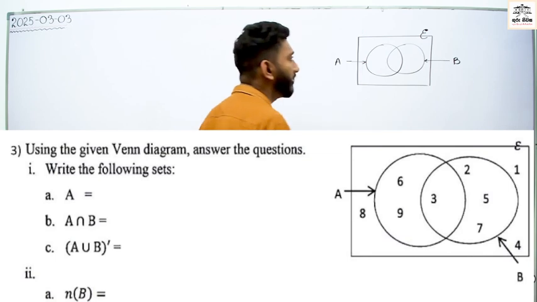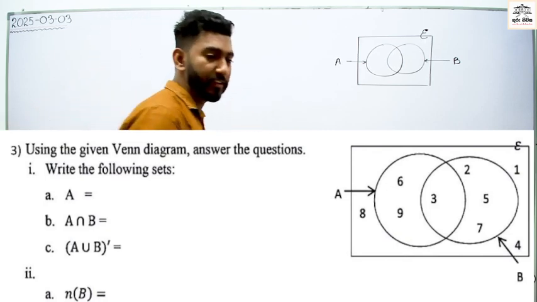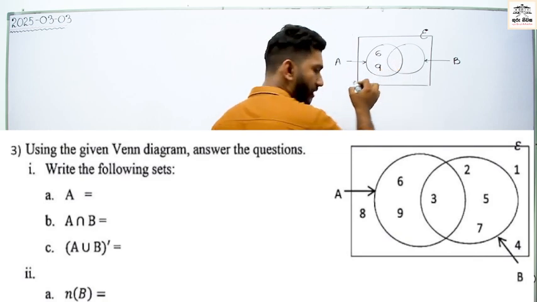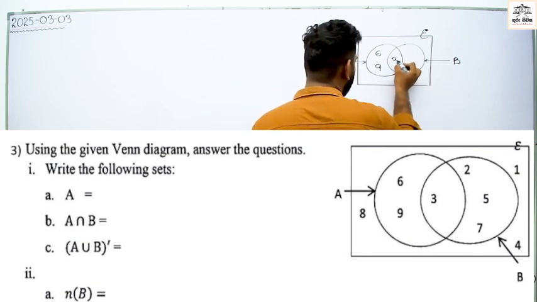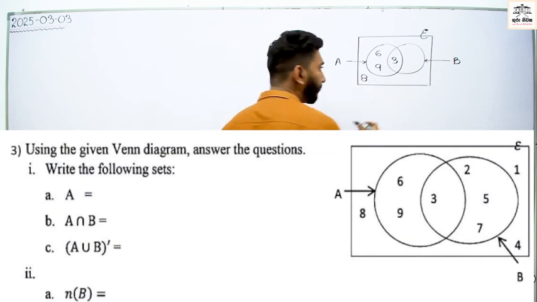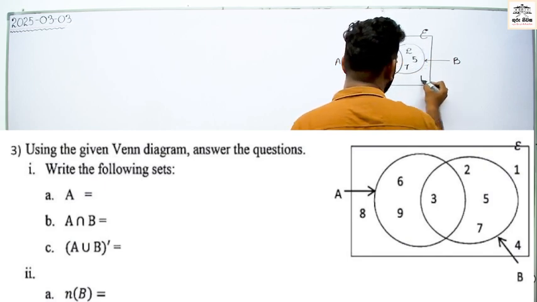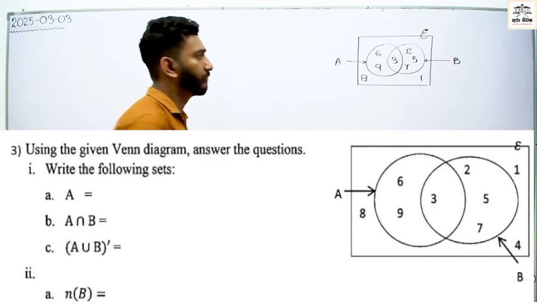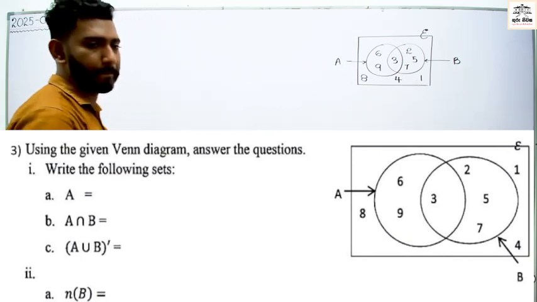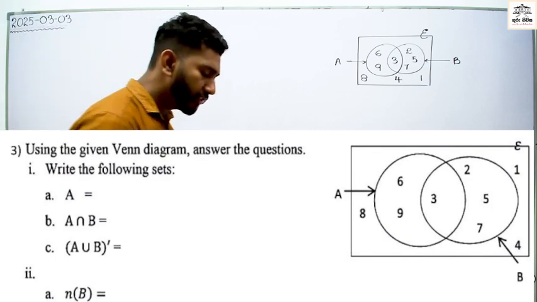This is a universal set represented by the rectangular portion, and the circular portions are subsets. Using the given Venn diagram, answer the questions.